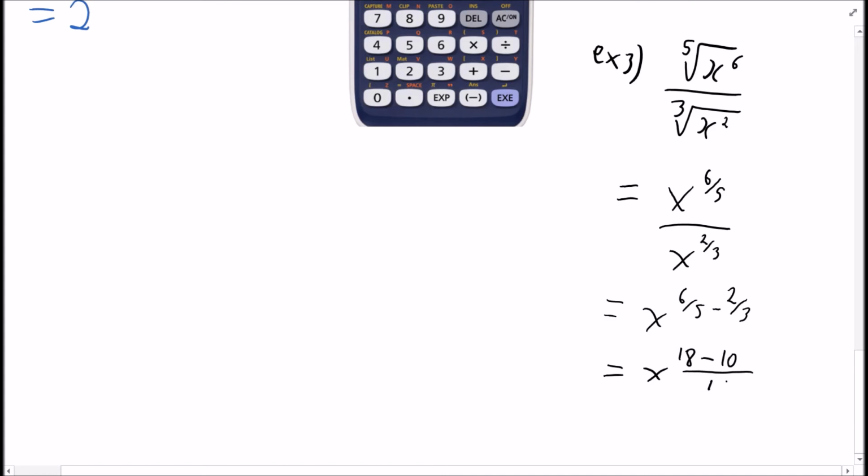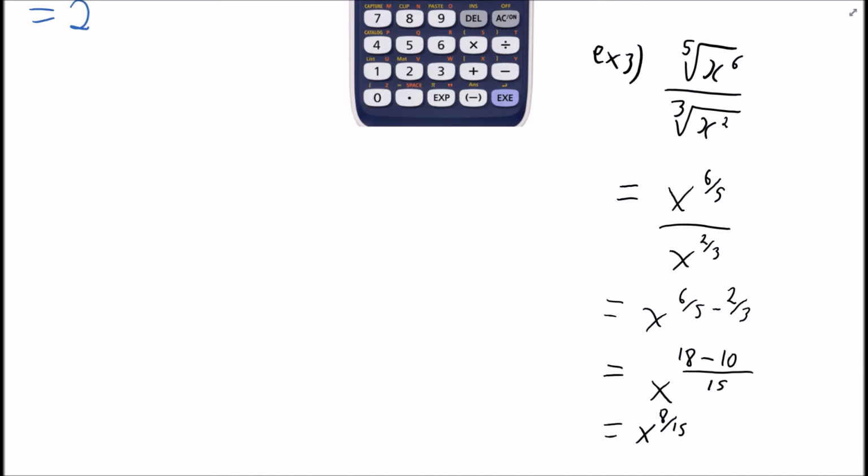And then that would be all over 15. And then 18 minus 10 is 8. So it would be x to the 8 over 15. And I can't simplify that any further.